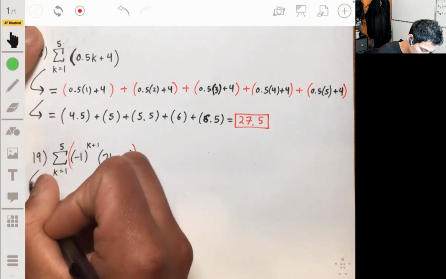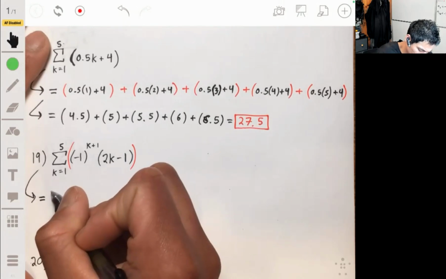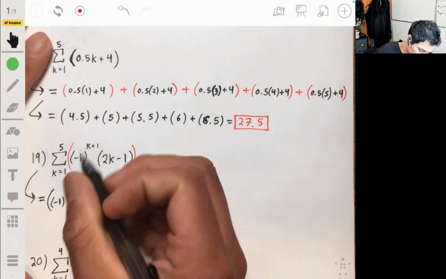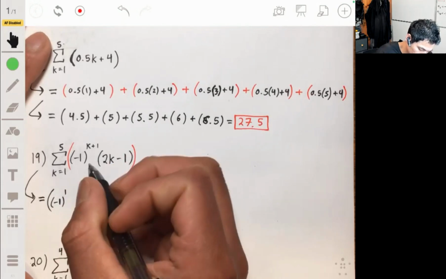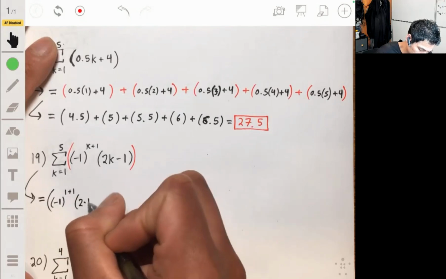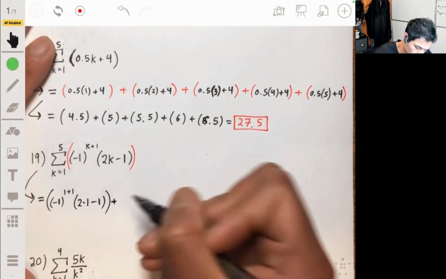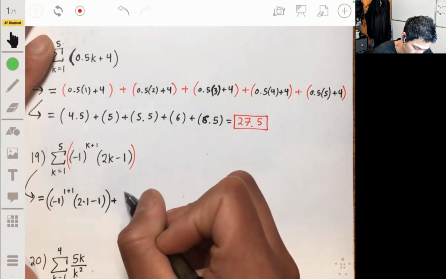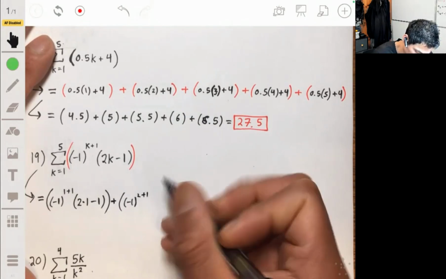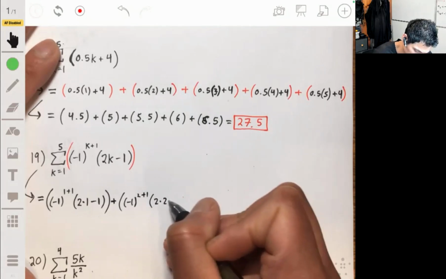Expanding this, we'll get a1 to be -1 to the 1 plus 1, times 2 times 1 minus 1. a2, -1 to the 2 plus 1, times 2 times 2 minus 1.